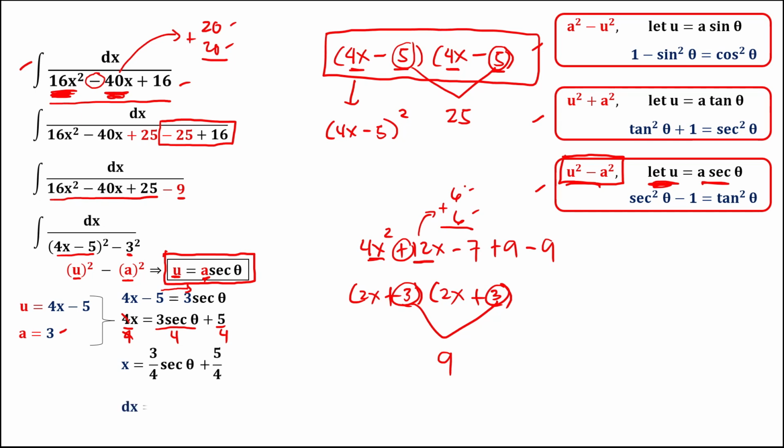Then we need to find the derivative of x. So just bring down the constant. Then the derivative of secant theta is equal to secant theta tangent theta. Then the derivative of a constant is 0. So we have 3 over 4 secant theta tangent theta. Then we need to add the d theta.